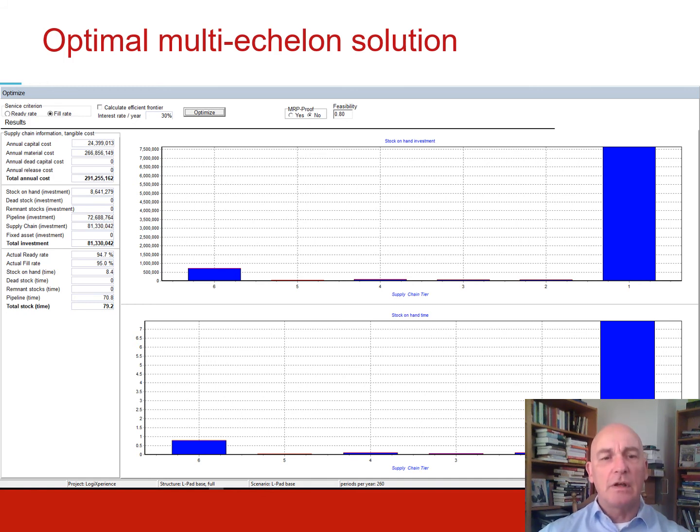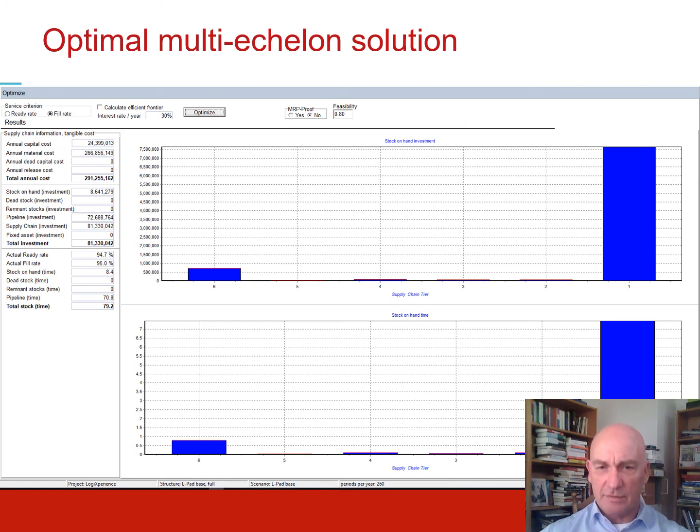And basically what we see under an optimal solution, we reach the 95% service level, but also we see, and maybe you haven't seen it, we have now here an investment of about 8.6 million. In the single item, single echelon approach, we had 16.8, and we didn't even meet service level, because the stocks were entirely wrongly allocated in the supply chain.